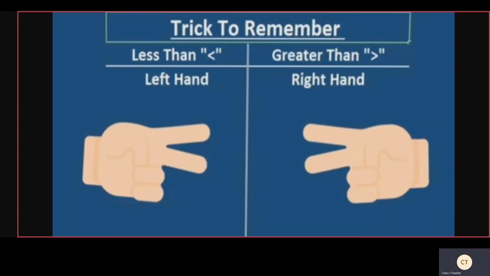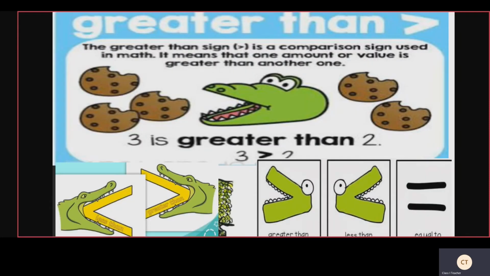Once again, look here. Greater than. Here, once again, children, telling greater than from less than. The greater than and less than symbols are given down here.